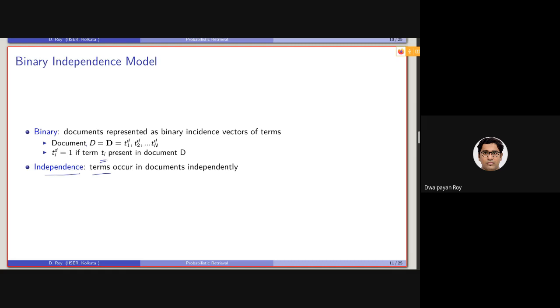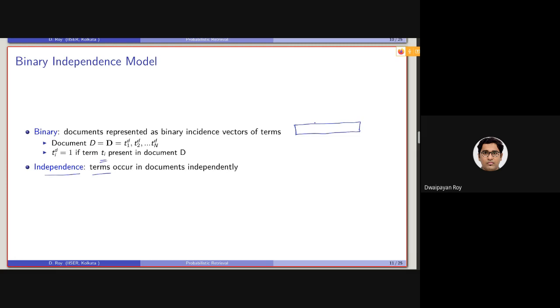And binary means a document will be considered as a document incidence vector, which we have seen during the discussion on the incidence matrix that we used for Boolean retrieval. Note that we have again come to the Boolean retrieval strategy, but we are not actually doing Boolean retrieval.